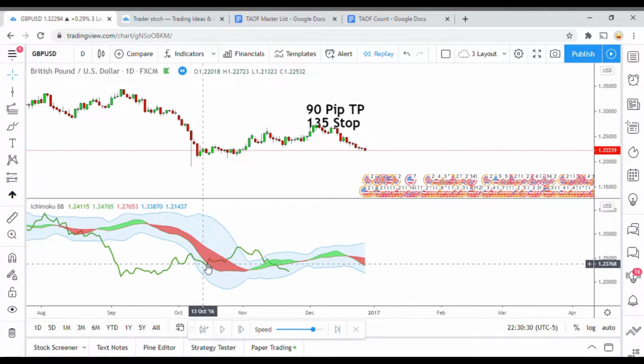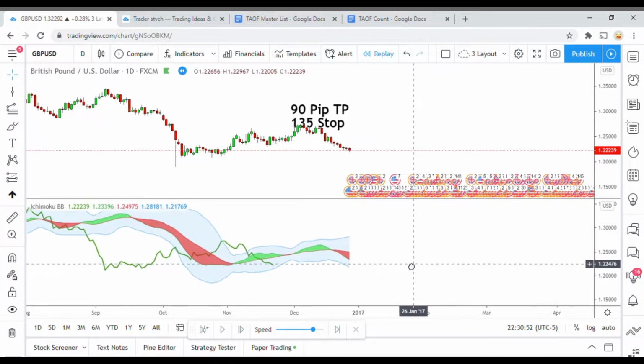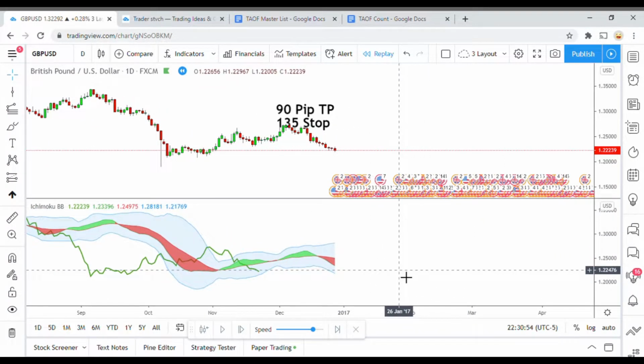The lagging span is a rather interesting part of the Ichimoku system as well. Whereas most indicators lag behind price action just ever so slightly, some project, and actually in the Ichimoku system, the cloud itself projects forward.